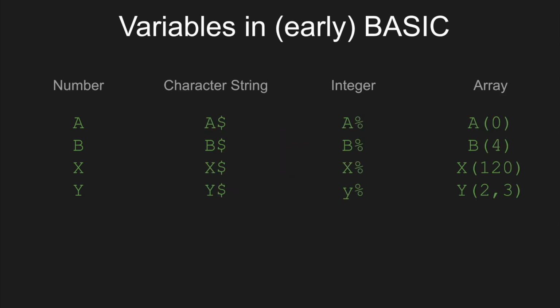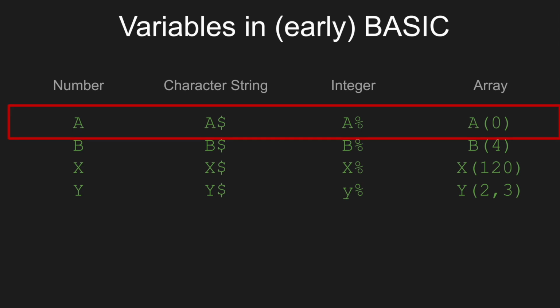BASIC also supports explicit variable typing through symbols. So, A is a normal number, A$ is a string, A% is an integer, A(5) is an element of the array A. In some flavors of BASIC, all of these, I mean the same variable name but a different type, can exist in a program at the same time. I can't see how that would be confusing in any way, can you?